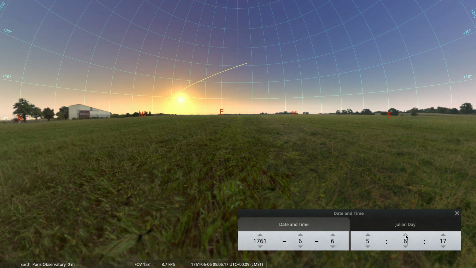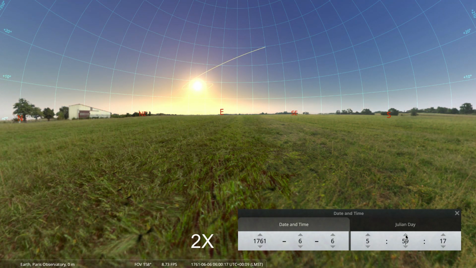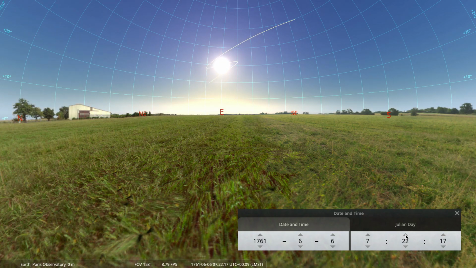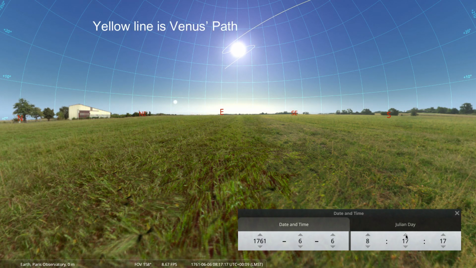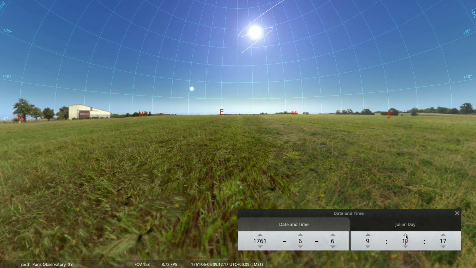I could probably speed it up when I put it in the editor, but this is a good example. And you can't see Venus, but it's there. I'm going to go through the whole Venus transit.